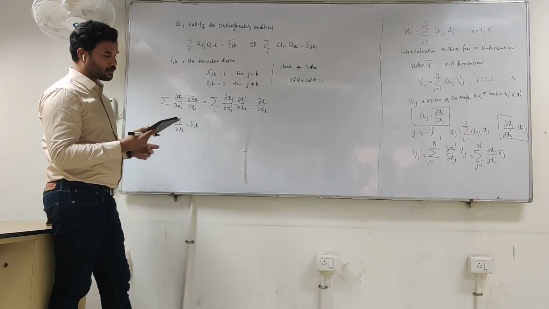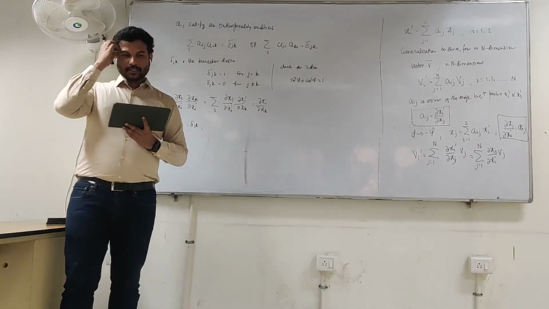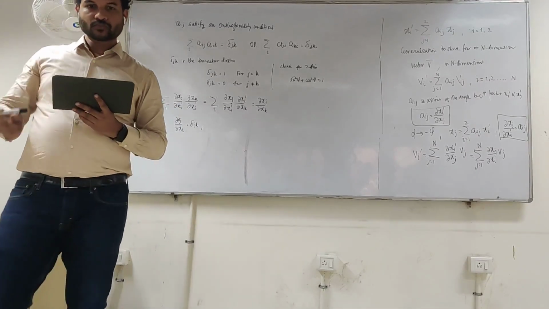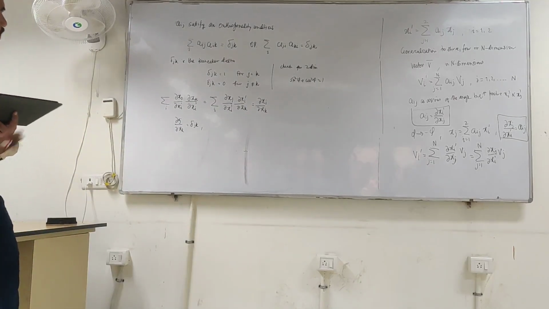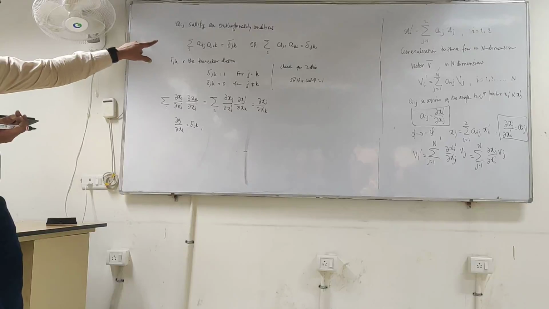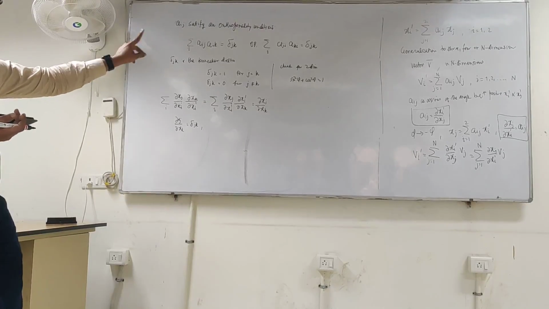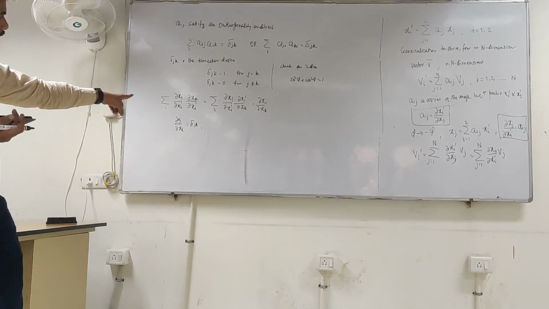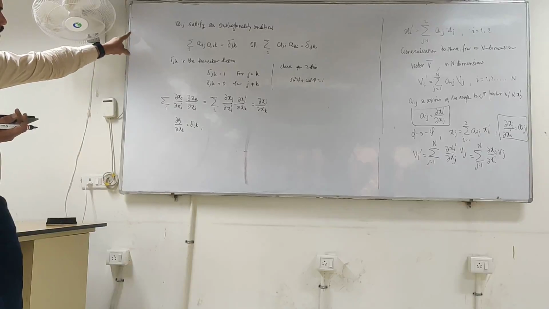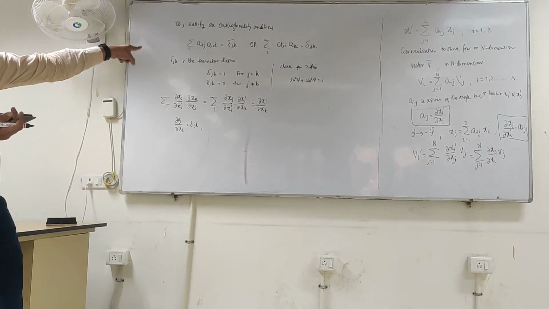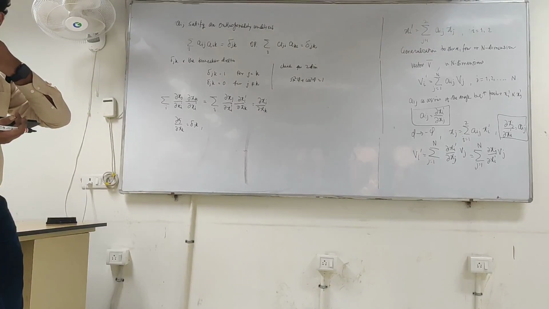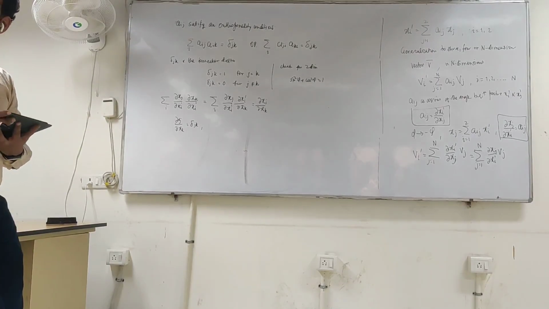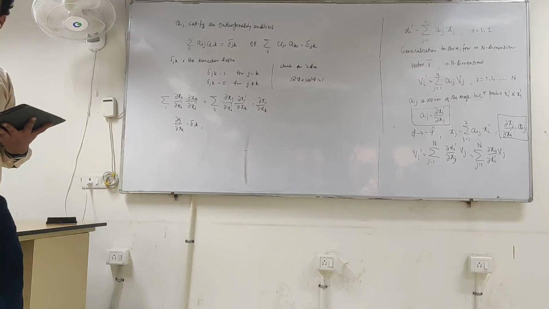So these conditions for orthogonality are purely arrived at from our cosines. The condition for orthogonality is basically that these two cosines should satisfy these two equations. Correct?